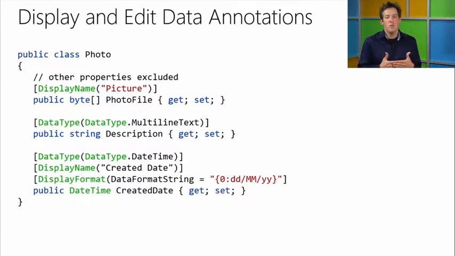And you'll also notice with the created date that we've gone so far as to not only tell it that it's going to be a date time, and that when it displays out we want to give it a title or a label of created date, but we also have a display format for that as well. That way, every time this displays out, in this case it's going to be the day, month, year with the two-digit year at the end.